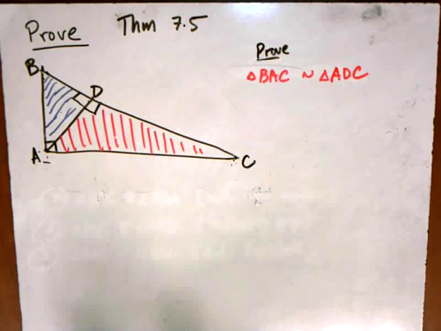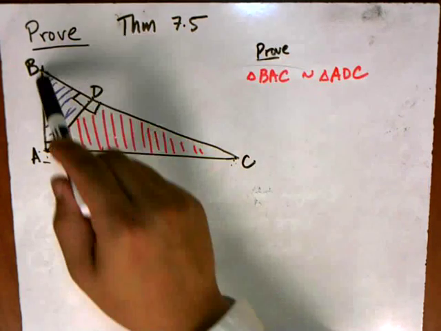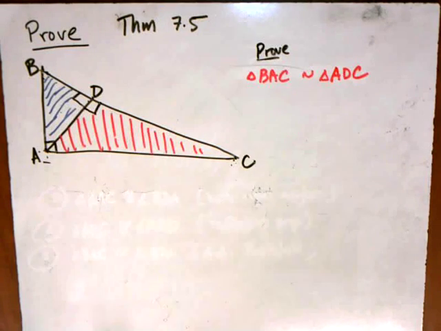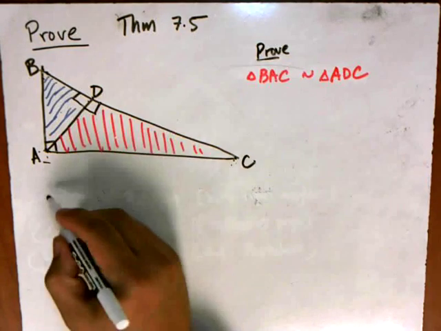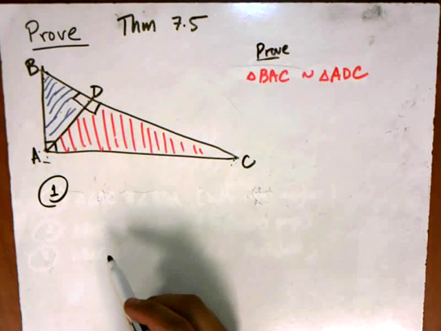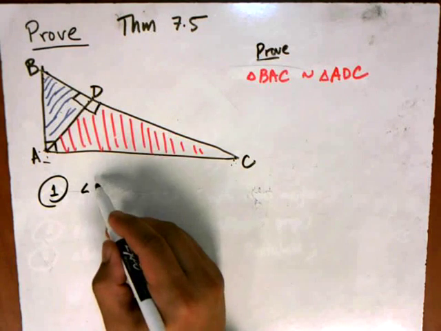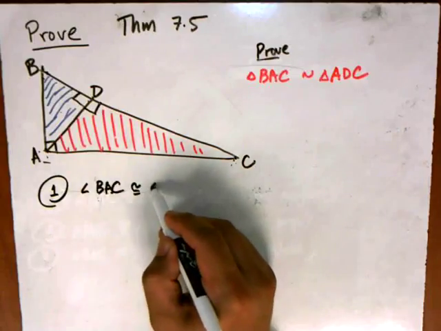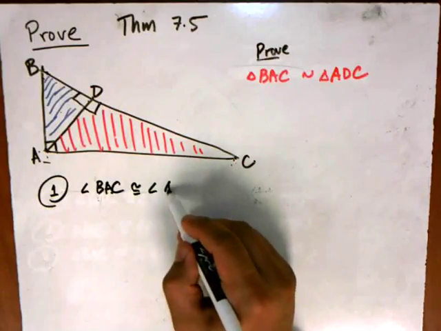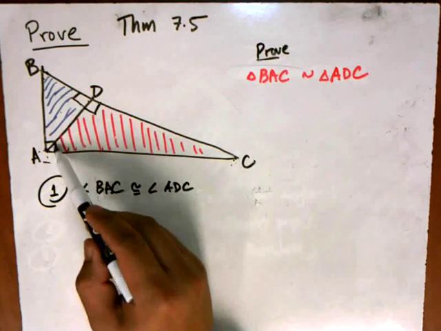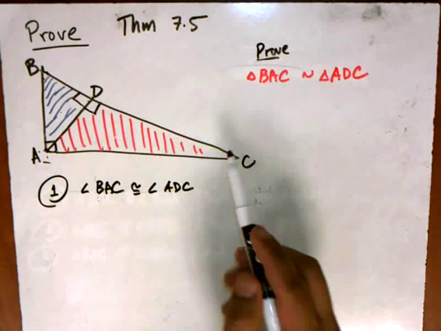So we can do this by looking at the entire big triangle BAC and the red triangle and identifying the angles that are congruent to each other. Similar to the last proof, we're going to start with the right angles. So I can say that angle BAC is congruent to angle ADC. BAC is a right angle, and ADC is also a right angle.